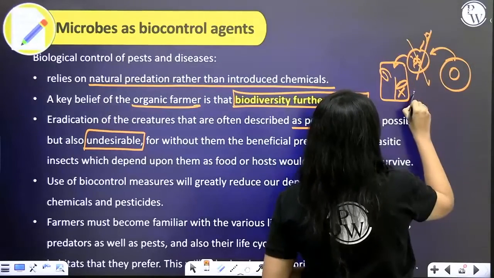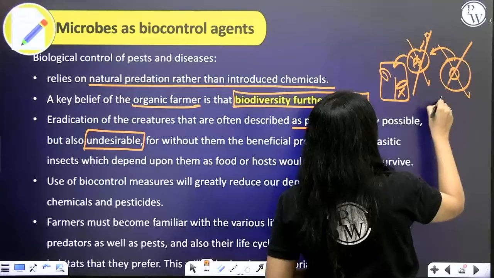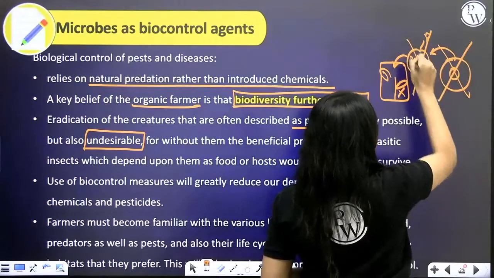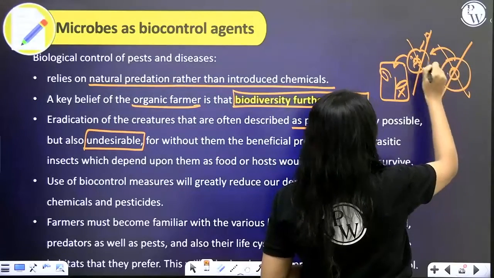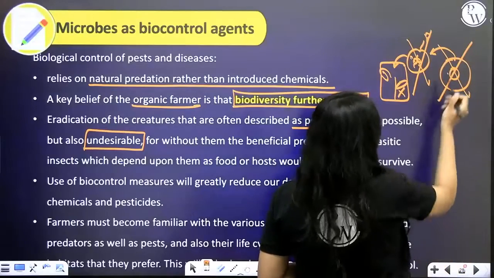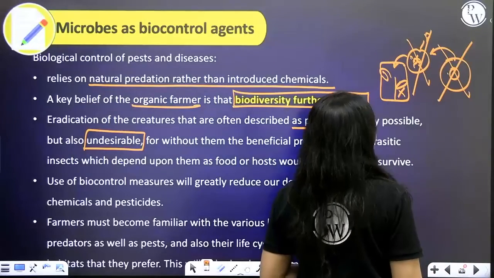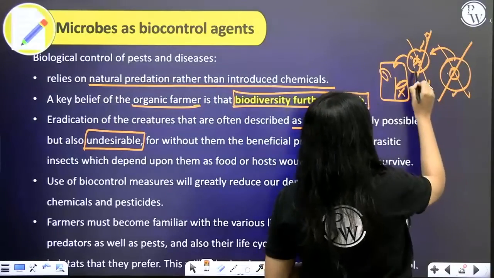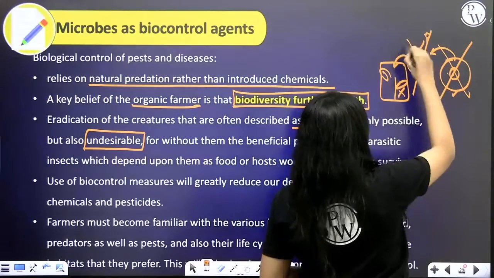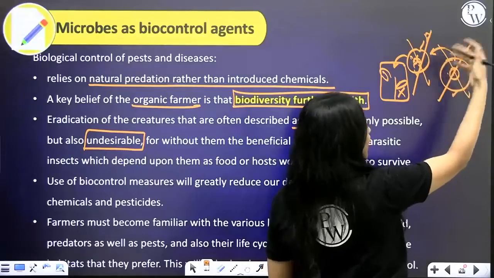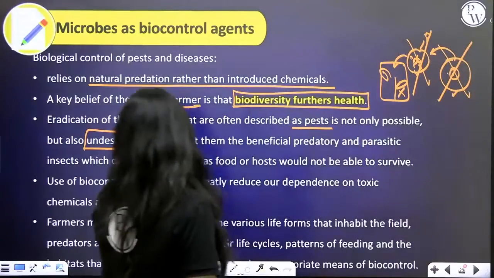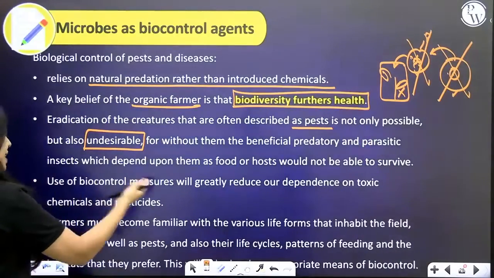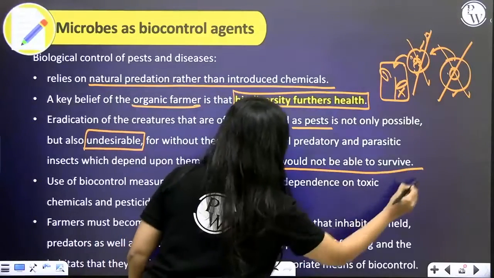If you eradicate this, this could also go extinct because this depends on this. Either this could feed on this, or there could be some symbiotic association, or this could be a parasite on this. This basically requires this to function. If you get rid of this, even this can get lost. Okay, so that is a risk. So insects that depend on them as food or host would not be able to survive.